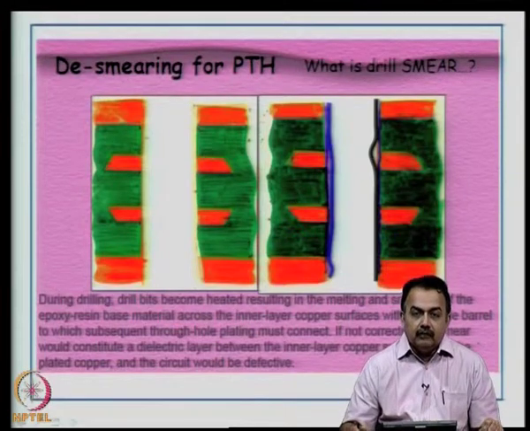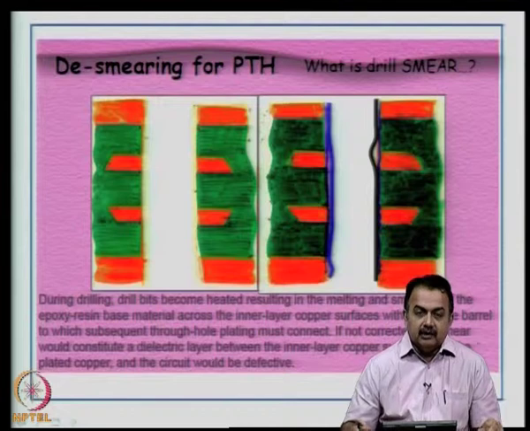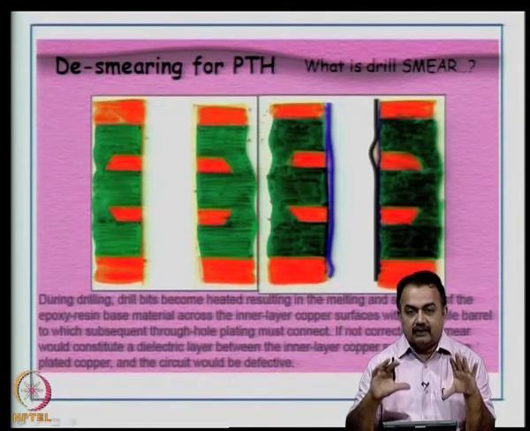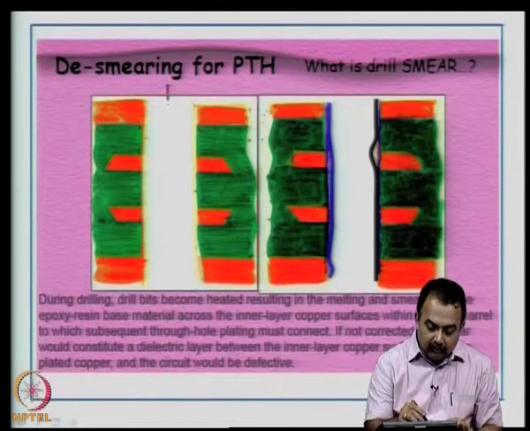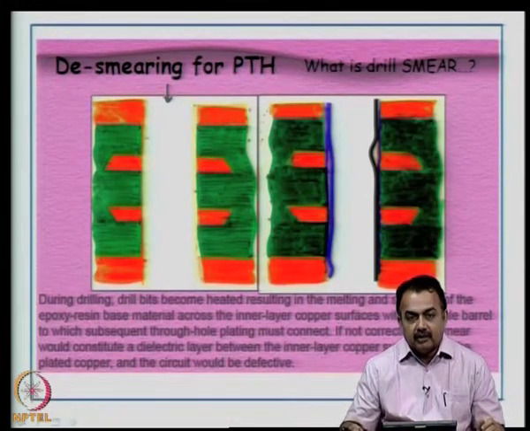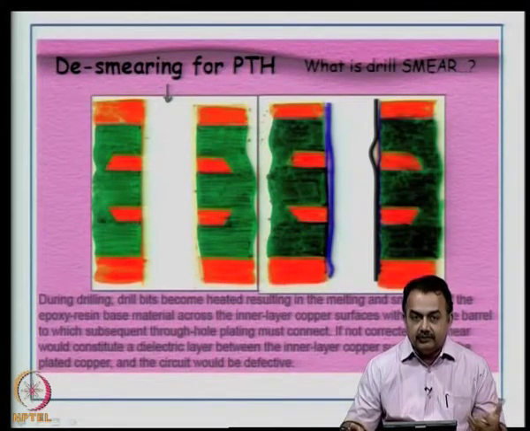Now, if you look at a multi-layer board that has been individually prepared, the inner layers, and then you have stacked all the 6 or 8 layers, let us say, and in that you have now drilled a through hole. Anyhow, the smear is going to be there, epoxy smear. You have to remove the epoxy smear, therefore, you do a desmearing process.